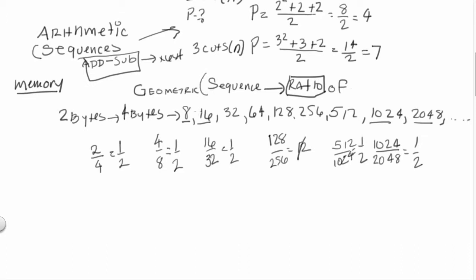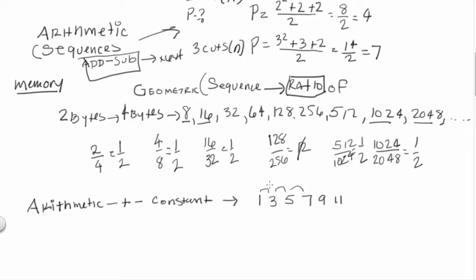Arithmetic, as we said, means the difference between numbers is added or subtracted by the same number, a constant. For example, 1, 3, 5, 7, 9, 11, you can tell that the difference between these is 2.